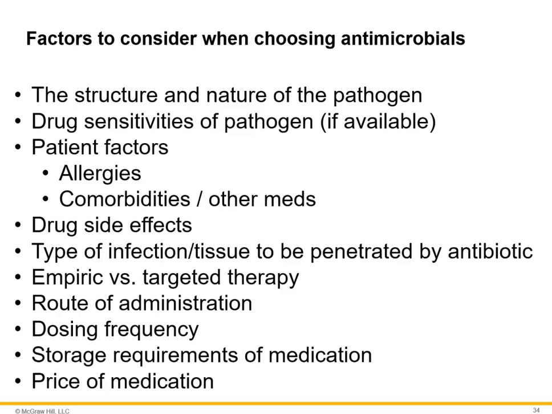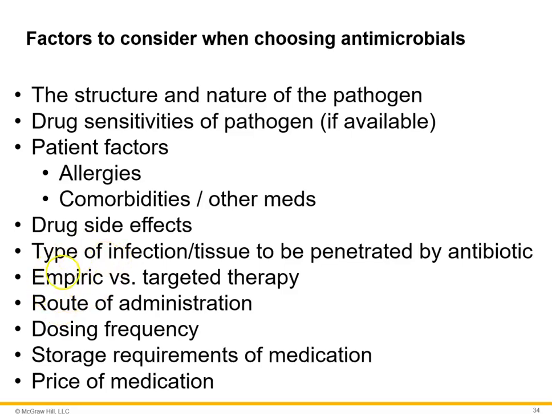Also, other medications the patient's taking that can interfere with the efficacy of your antibiotic or even make your antibiotic stronger than you want it to be. You need to think about the side effects of the drug. You need to take these patient factors into consideration and ask yourself, can my patient tolerate the side effects?